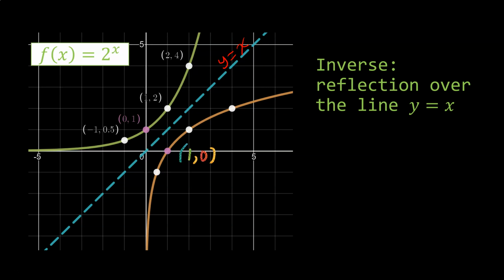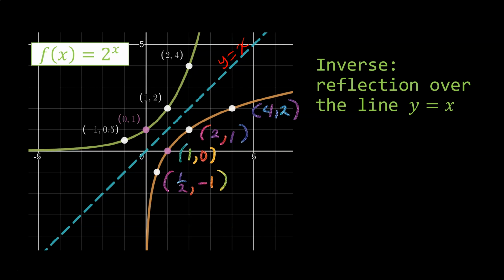Instead of (1, 2), the point on the inverse is (2, 1) when we reflected that over the line y equals x. Similarly, the point (2, 4) is now at (4, 2), and the point (-1, 1/2) is now at (1/2, -1).